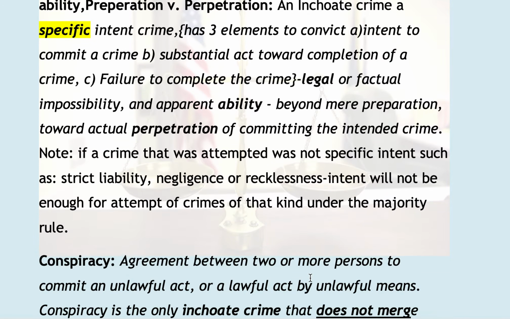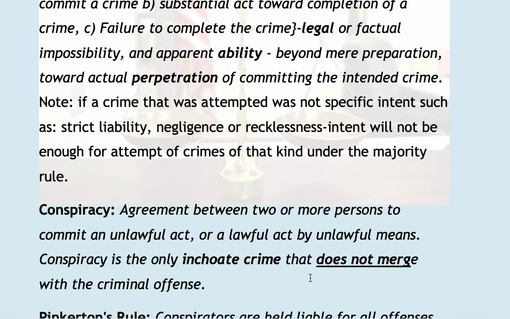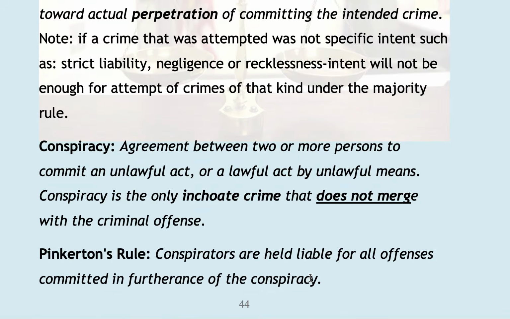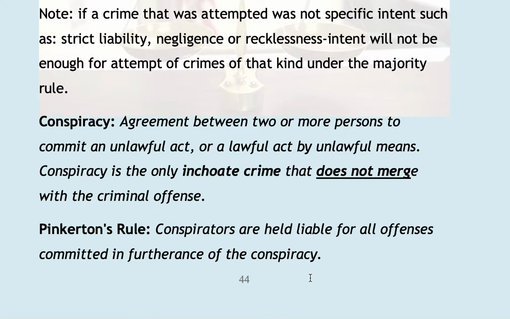Okay, so that was attempt. Conspiracy. Remember, this is the SAC crimes: solicitation, attempt, conspiracy. Conspiracy is an agreement between two or more persons to commit an unlawful act, or a lawful act by unlawful means.